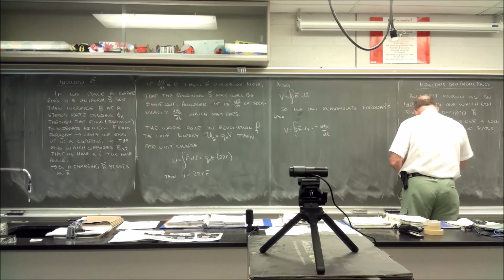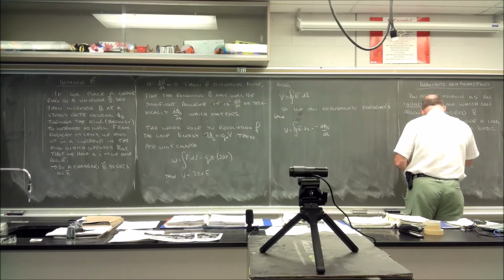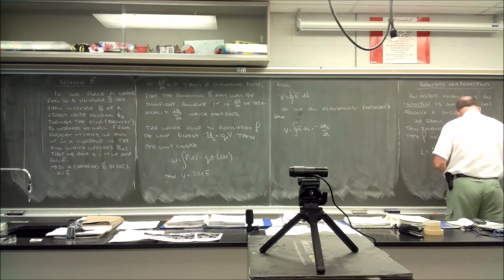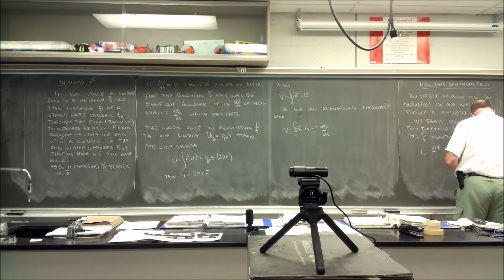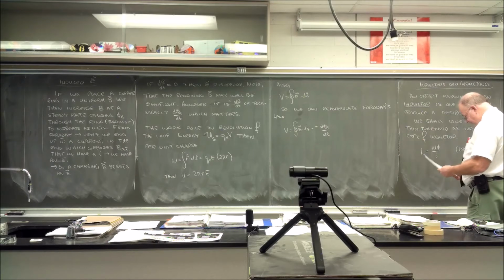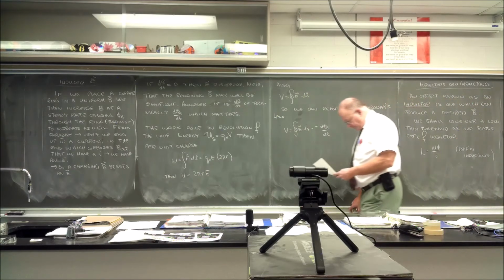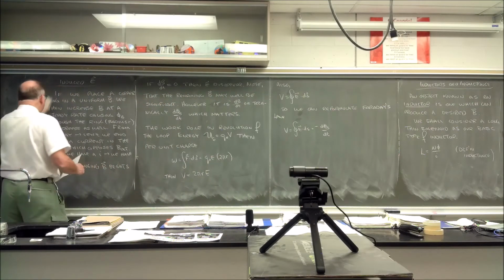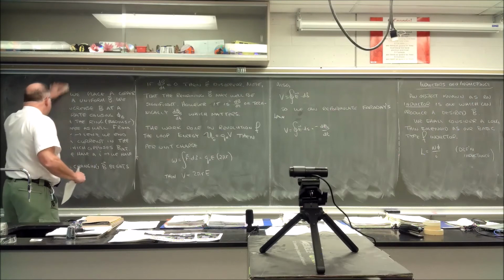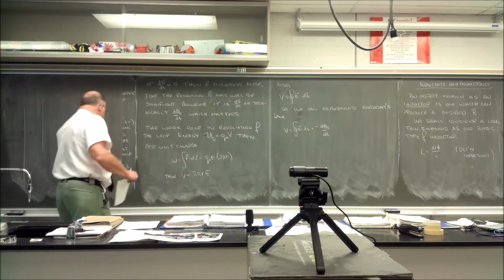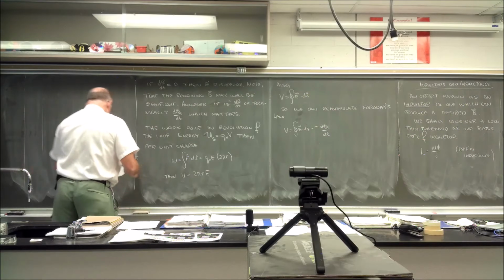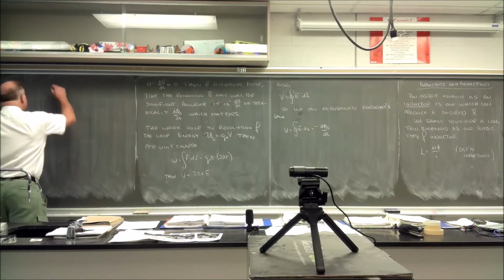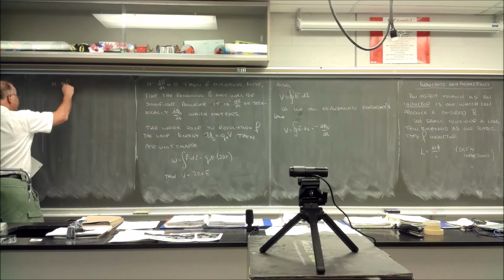So inductance is capital L = N phi over I. This is the definition of it. And when you first see this, it's confusing, but hopefully it makes more sense in a little while. N is of course the number of turns.